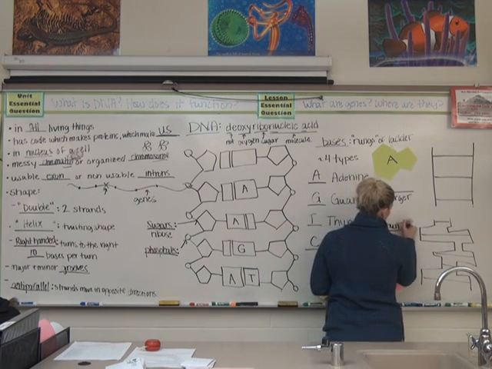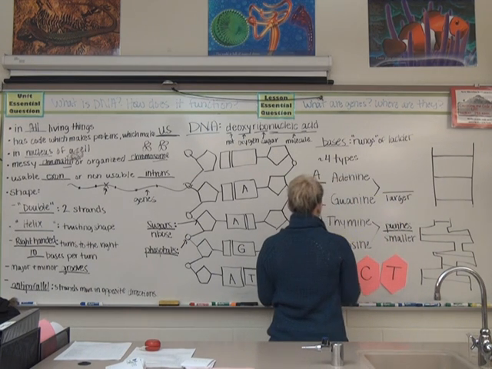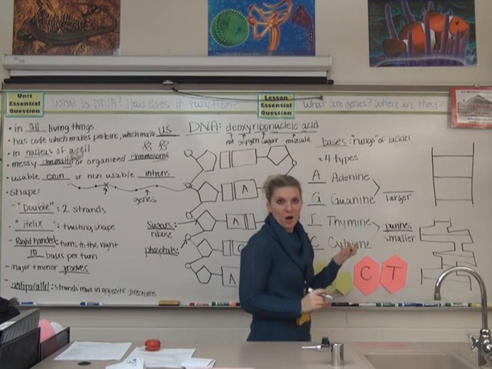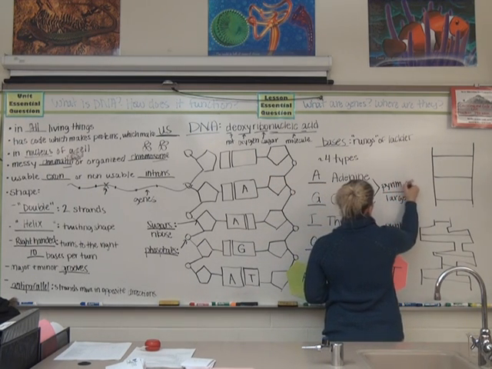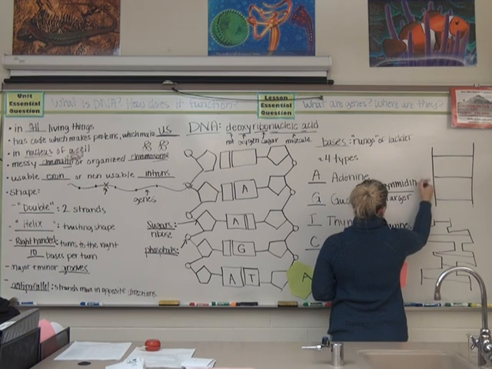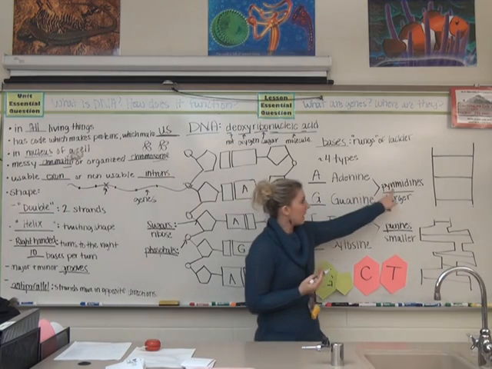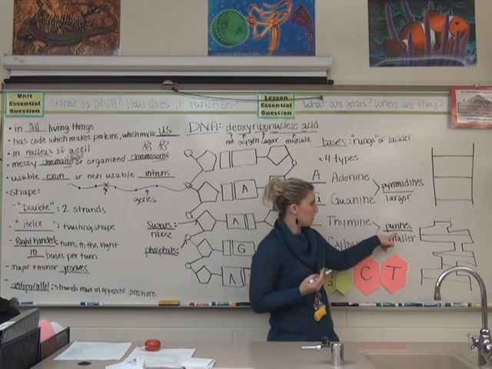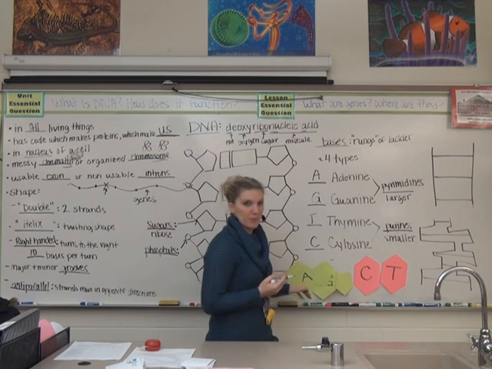P-U-R-I-N-E-S. Adenine and guanine are bigger, and so we call them pyrimidines. Remember the difference is because pyrimidine is a bigger word than purine, so pyrimidine is going to describe the bigger bases.